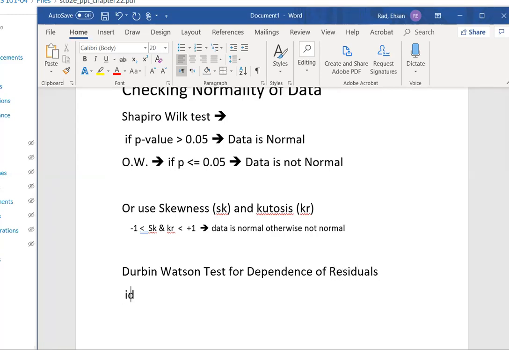So if D is close to 2, then we can say residuals are independent, right? If they're not close to 2, then residuals are not independent.